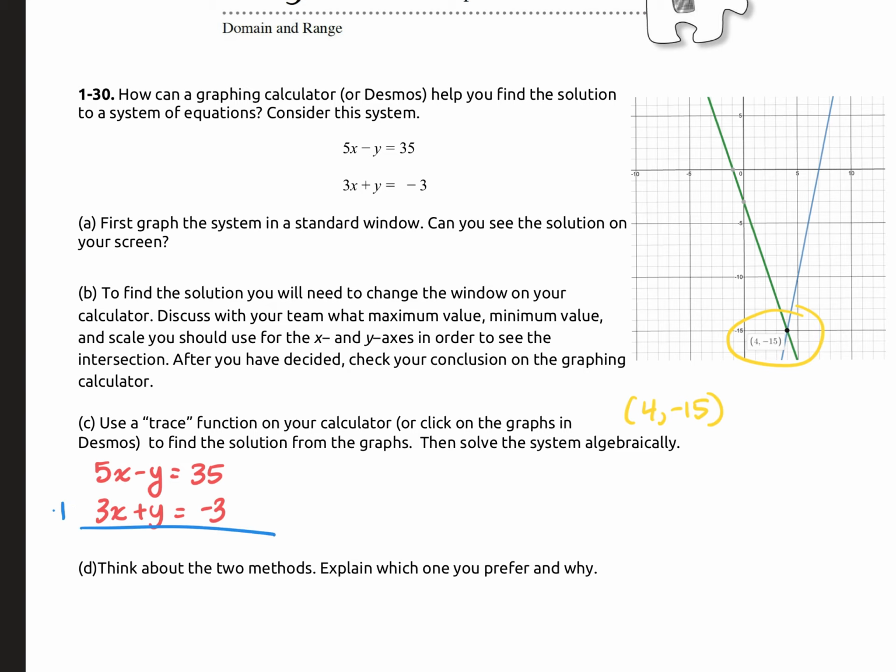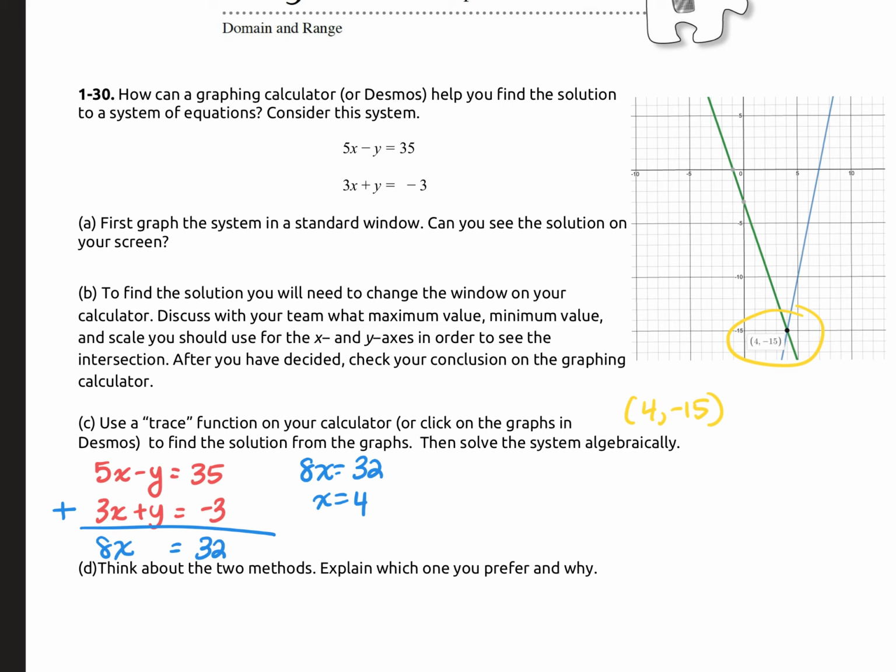So I add the two equations, and I get 8x plus 0y equals 32. And now I've got an equation I can solve for x. So x equals 4. And then once I know one part of my solution, I can plug it back into one of the two equations that I started with originally.